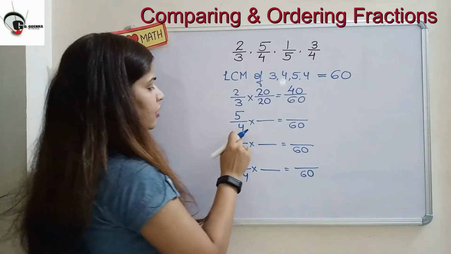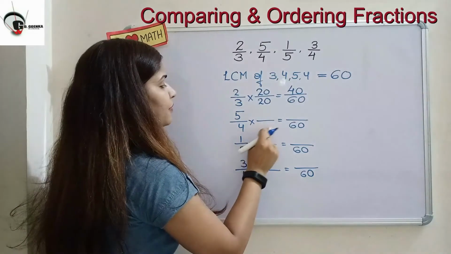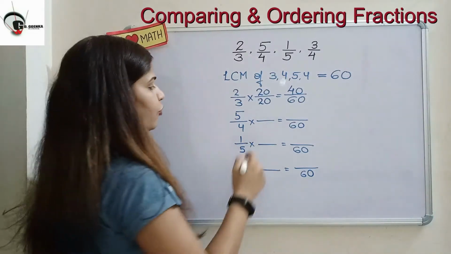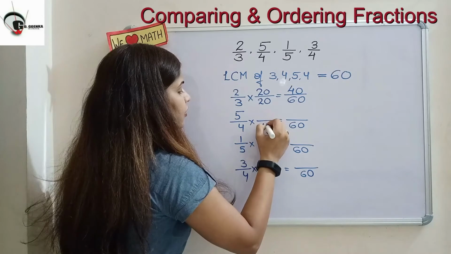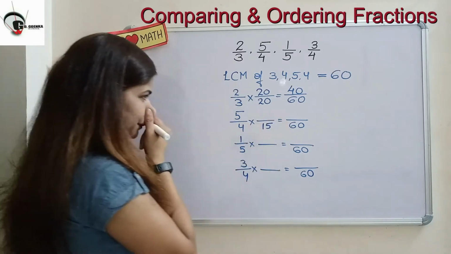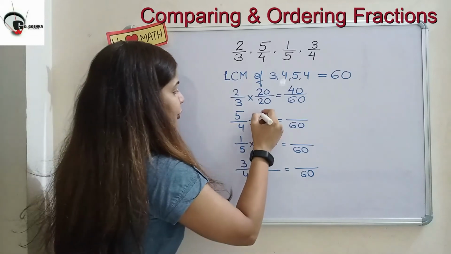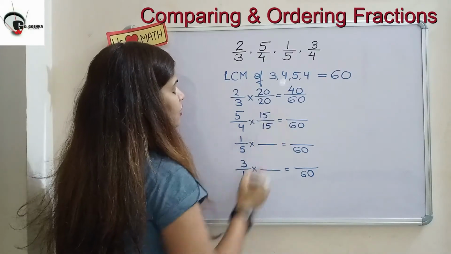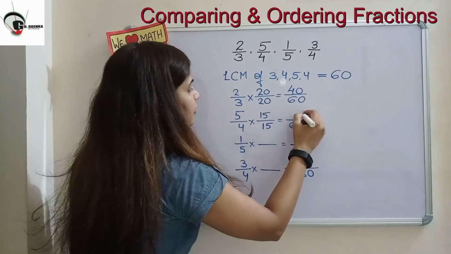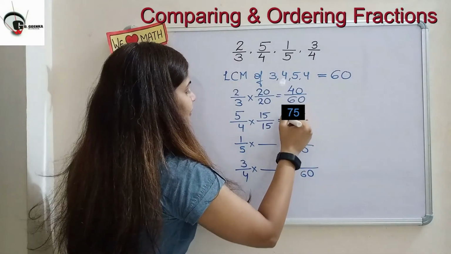Now the next term: 4 multiplied by what gives 60? 4 fifteens are 60. Whatever I am doing with the denominator, I am going to do with the numerator as well, so it will be 75.